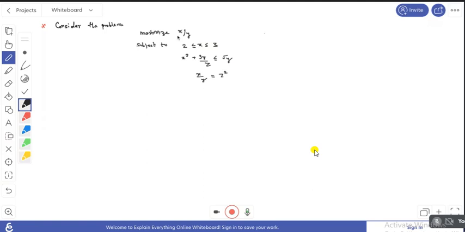But here the problem is not linear, though this is a quasi-linear function, and these are not all linear functions. So that's why this is not categorized into the problems which we had already discussed.